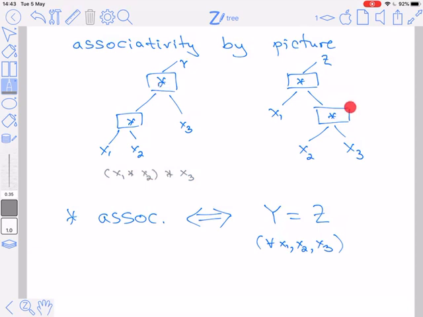And here I have another way of organizing the operators. I apply x1 star with x2 star x3. Now, if the operator is associative, then I know that the outcomes y and z will be equal, and vice versa. If the outcomes y and z are equal for every x1, x2, x3, then of course star is associative. So this is a way of depicting associativity, which I will use later in the talk.